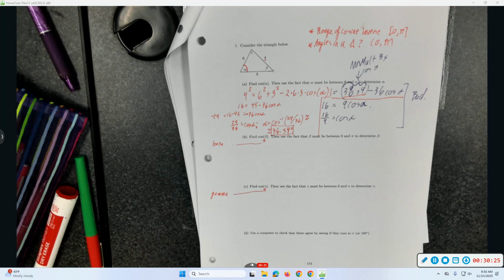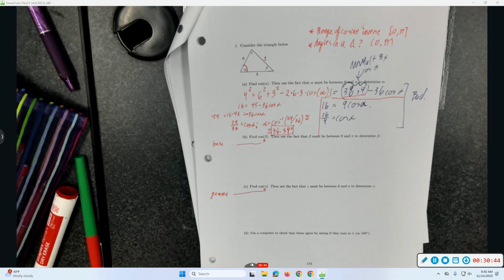So, let's see, amongst the people who are resolving beta, how many people feel like they're about done and have an answer? Cool. Of the people who computed gamma, how many feel like they have an answer to gamma? Cool.